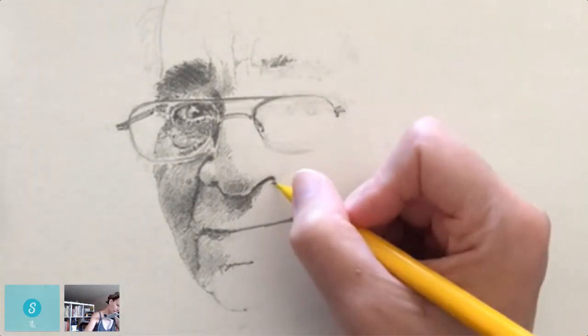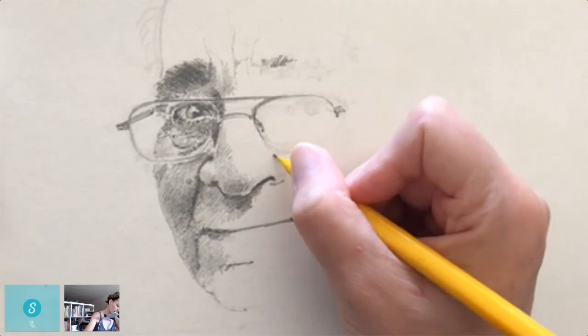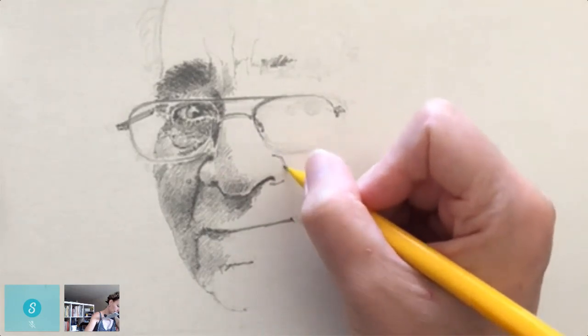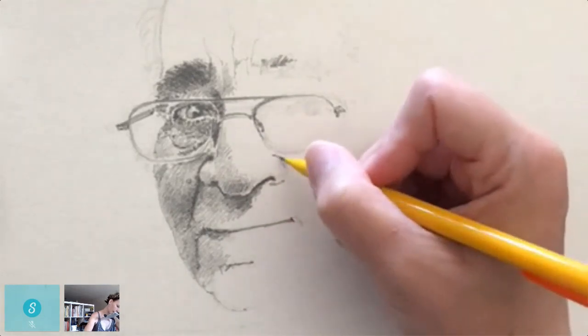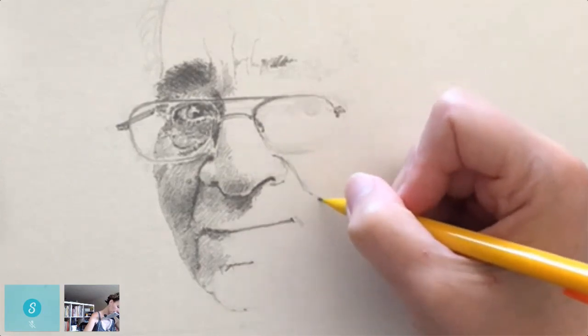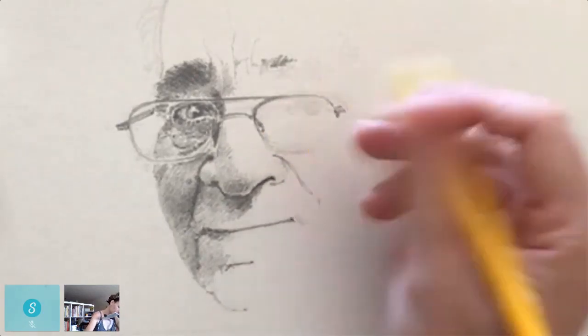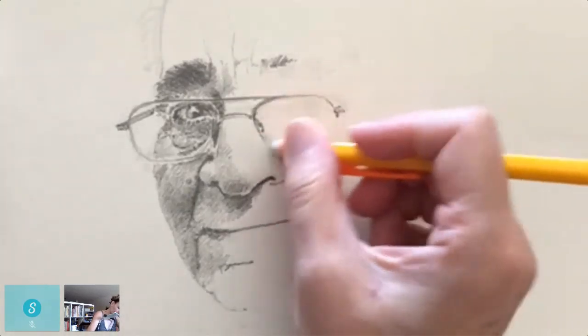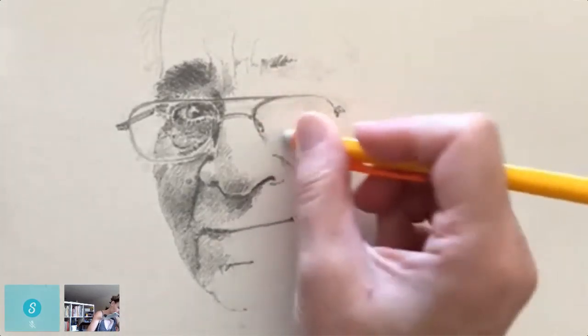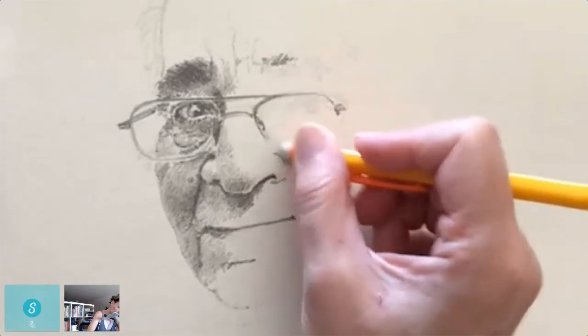Okay, so let's see if I can do this right. It's a fairly big crease here too. This is a little squiggly. What did I do? Okay.